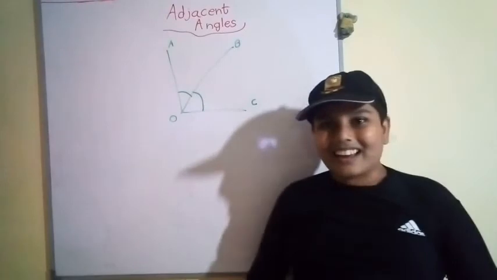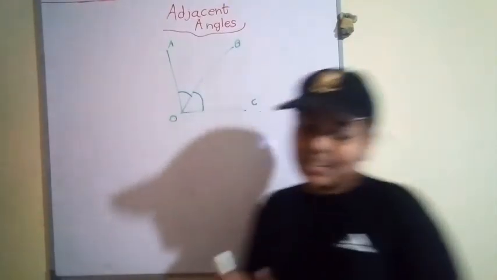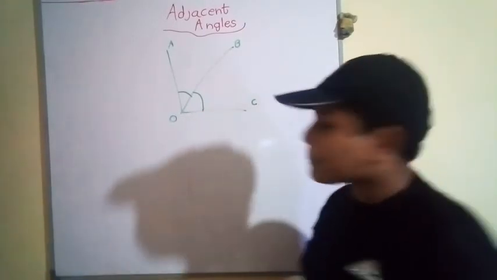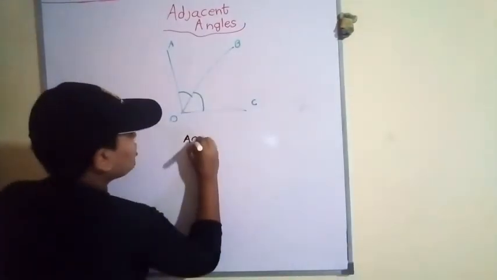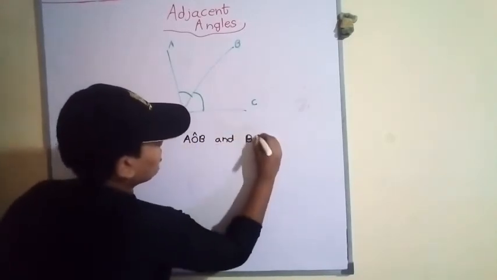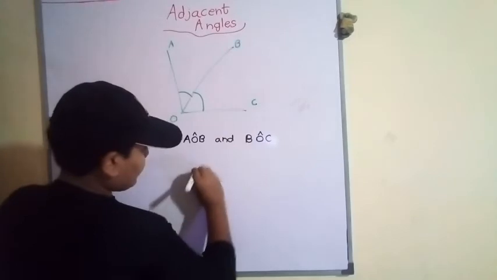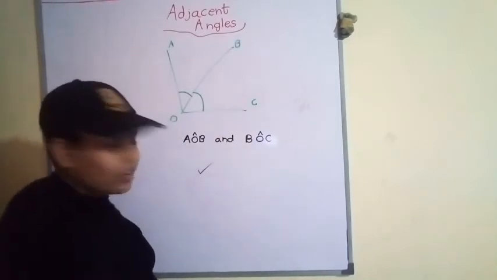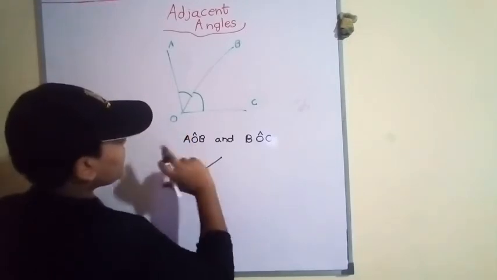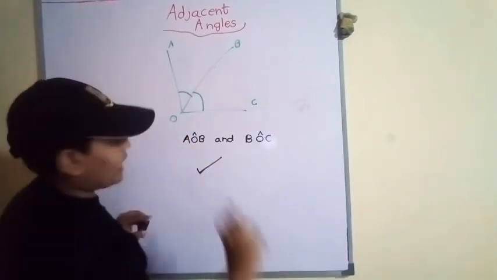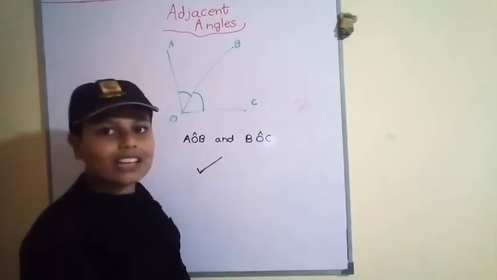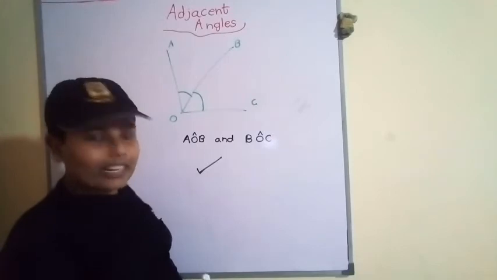Now in this angle, AOB and BOC are adjacent. If you have AOB and AOC, no. AOC is the full one, not an adjacent angle. AOB and BOC are the adjacent angles. I think now you can be clear on that.